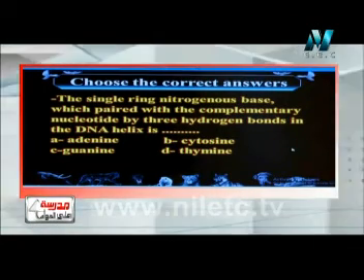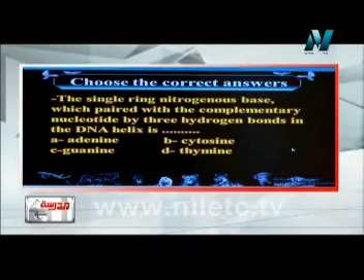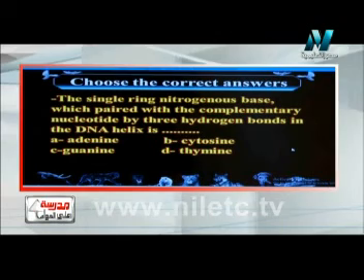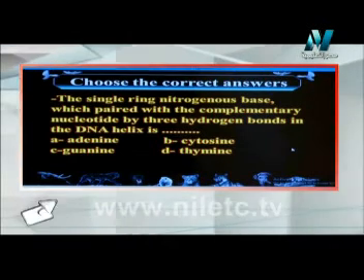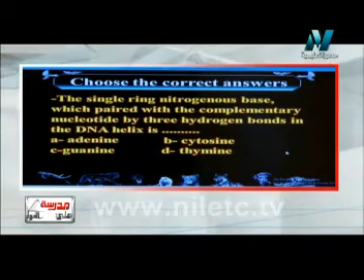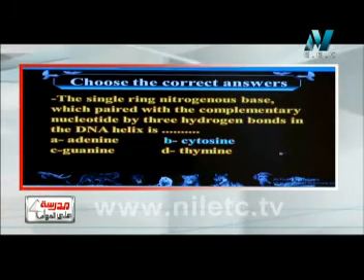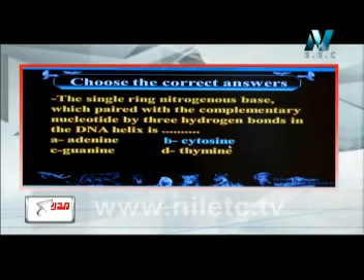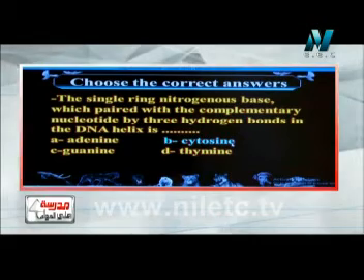The single rings are thymine and cytosine. Thymine pairs with adenine by double hydrogen bonds, but the question asks about the single ring paired by 3 hydrogen bonds. That is cytosine, because cytosine is made of a single ring and pairs with guanine by triple hydrogen bonds.